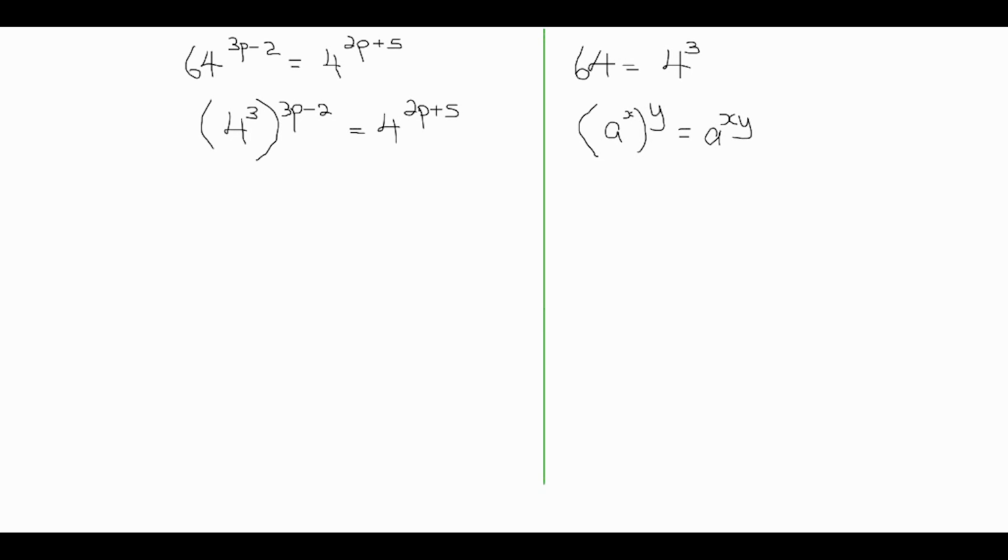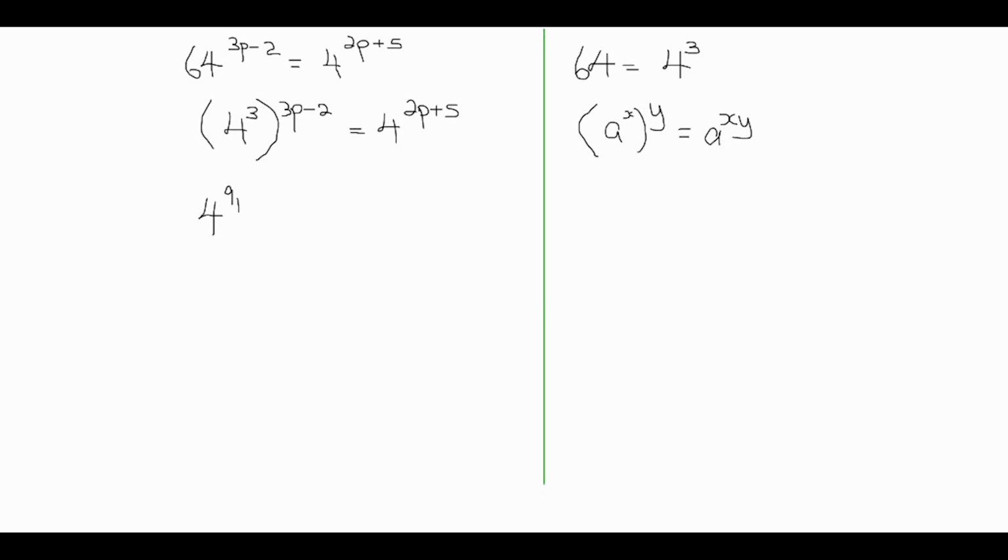Applying that law here, what will I get as the power on the left-hand side? Anybody? I have to find the product of the powers. What will I get? Beautiful. 9p minus 6. Alright?